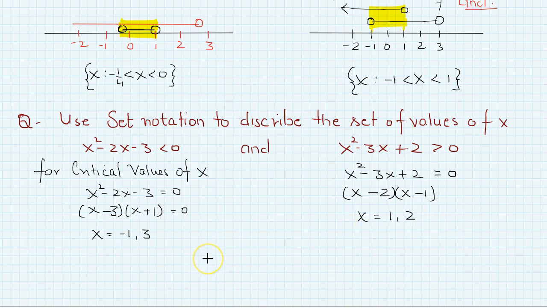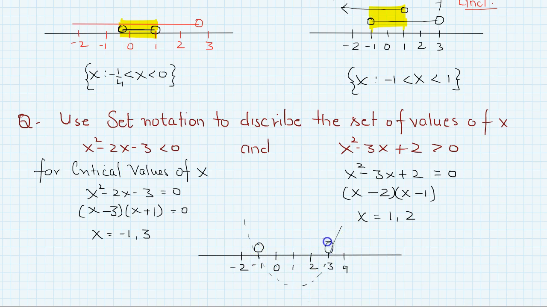Let's draw a number line and let's say this is 0, 1, 2, 3, 4, and let's say this side is minus 1, minus 2. For the first one, this thing is less than 0, so the down part of it, minus 1 to 3. This is minus 1, because our graph is coming this way.